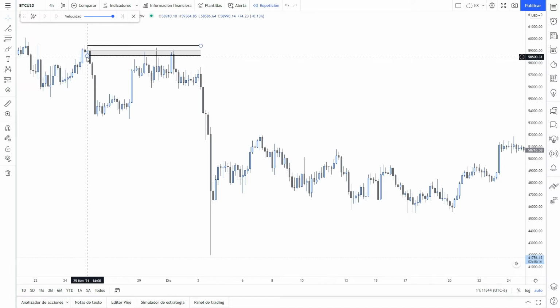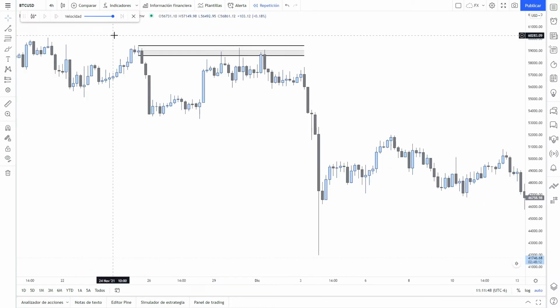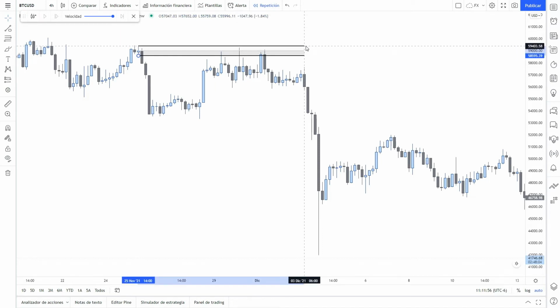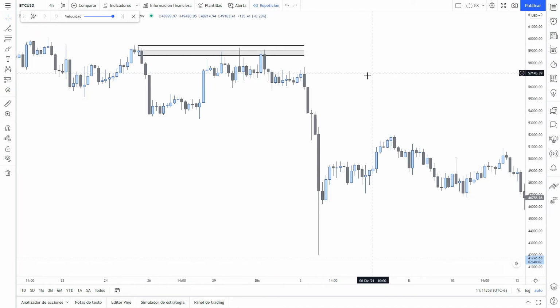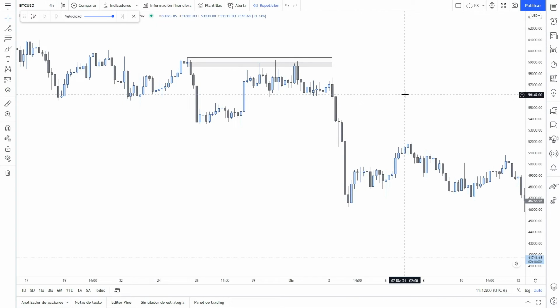If you want, you can take into consideration that this wick is a little bit higher than the base candle. So we can use that wick then. It's valid. We can do it.